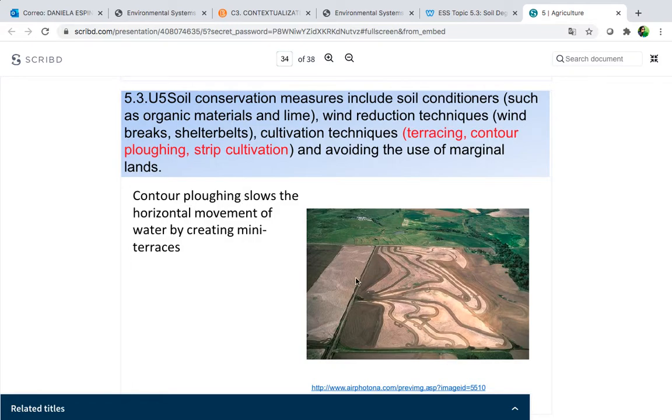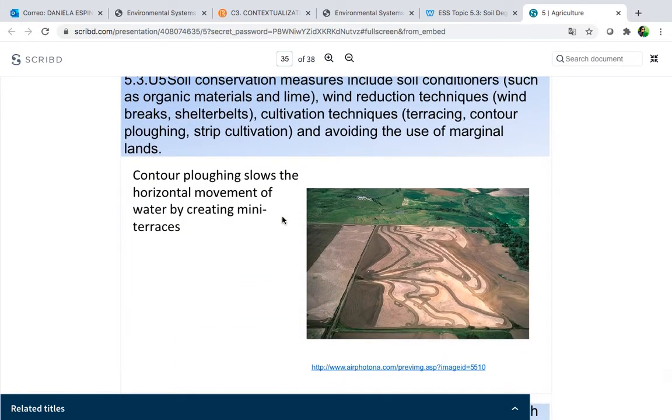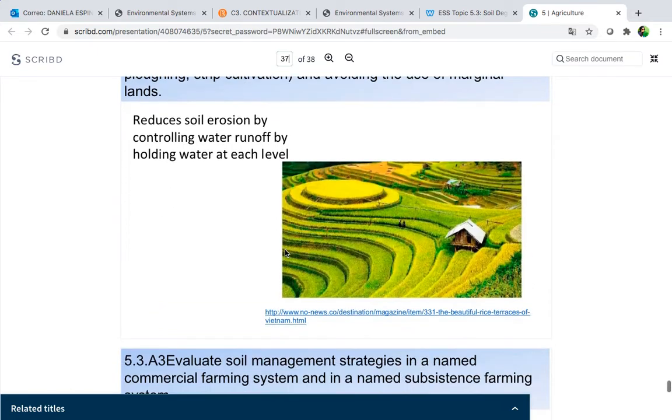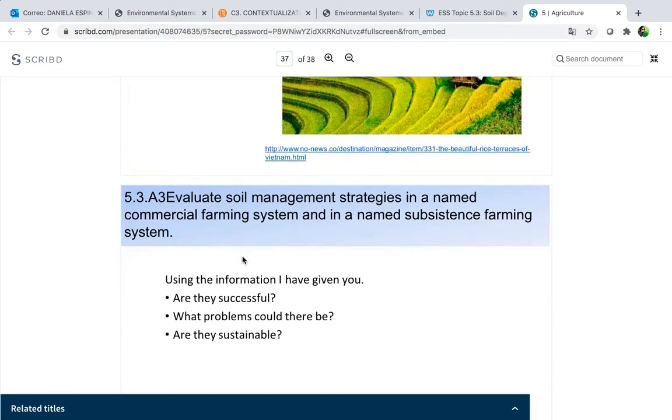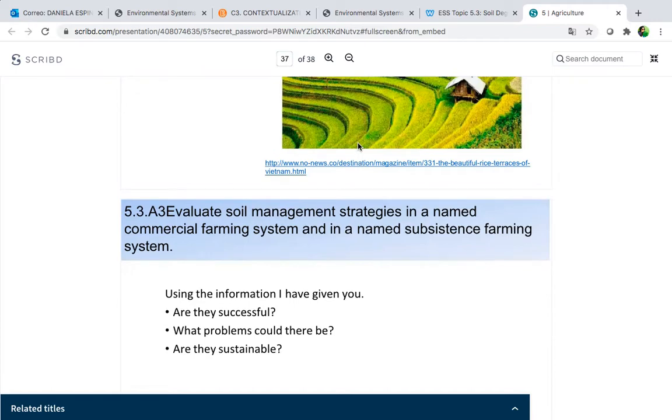So it's like this contour, different sections. It slows the horizontal movement of water by creating mini terraces. We have the same. So they reduce soil erosion, controlling water runoff, and avoiding erosion. That is the main problem, and those are the main solutions to that.